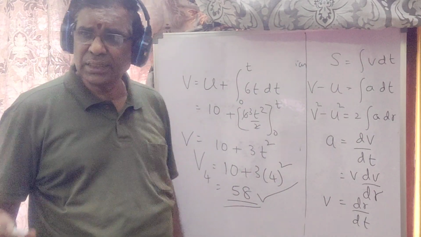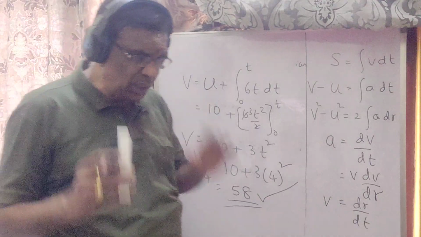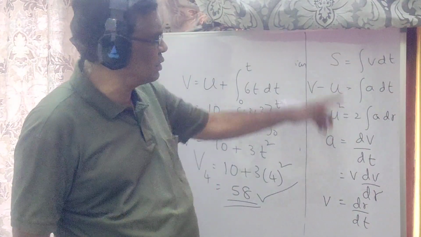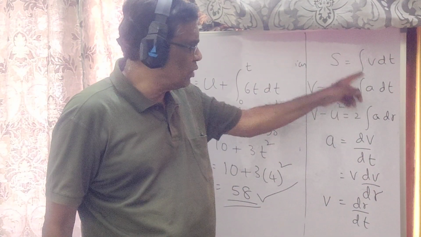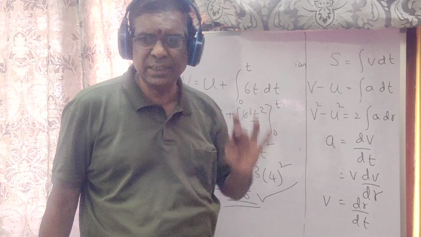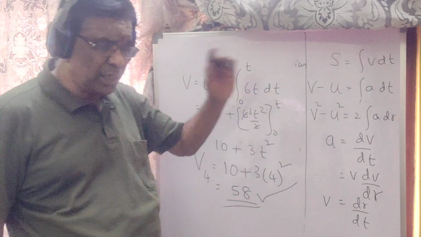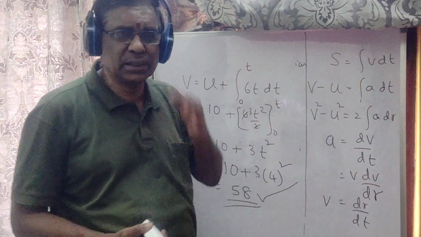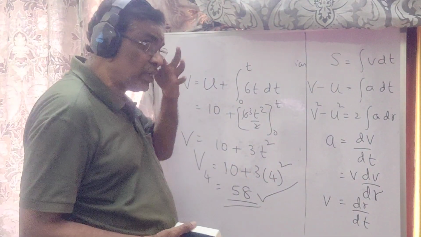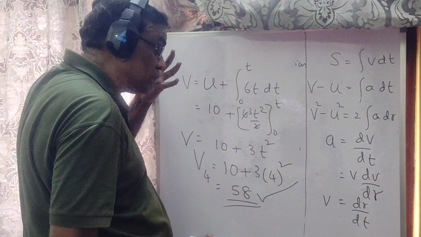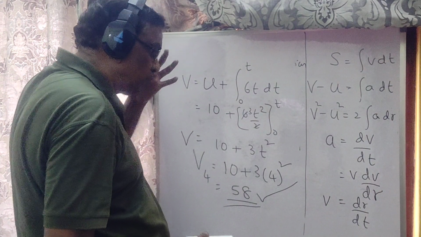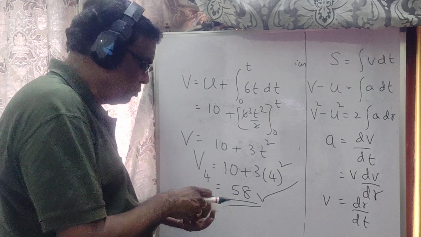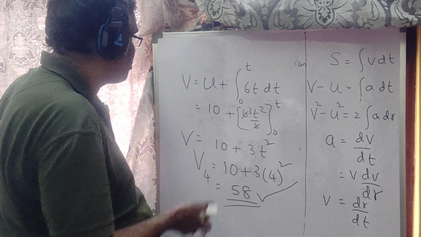I want you to understand that the only equation, the universal equation, is this only, 1, 2, 3, nothing else. Even if somebody gives a is equal to only 6, even then you can use this. You are going to get perfectly correct answers when you use this. I hope this point is clear to you now.